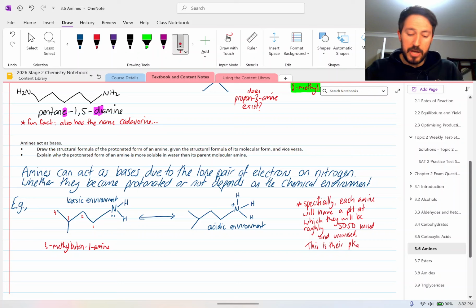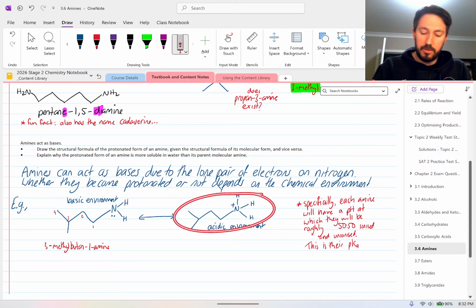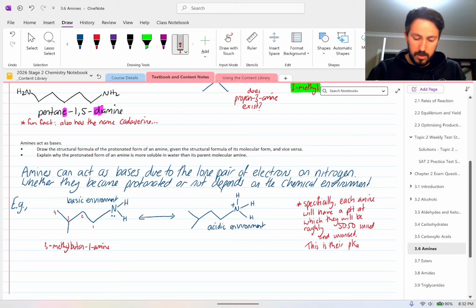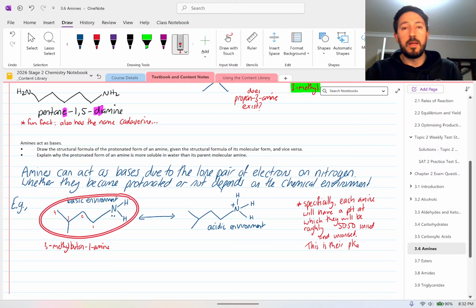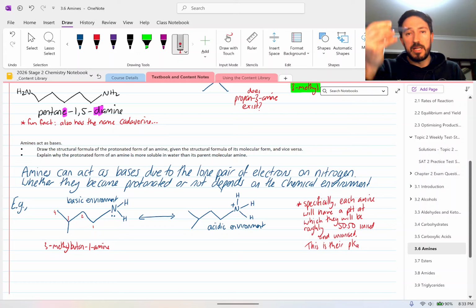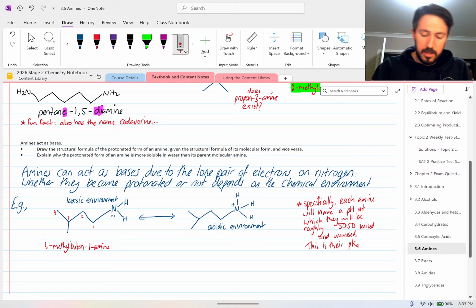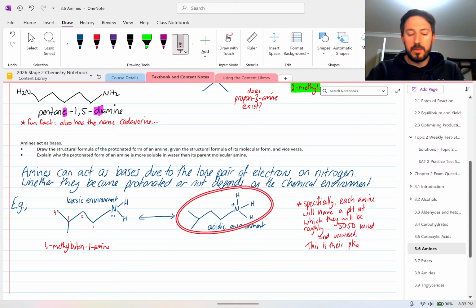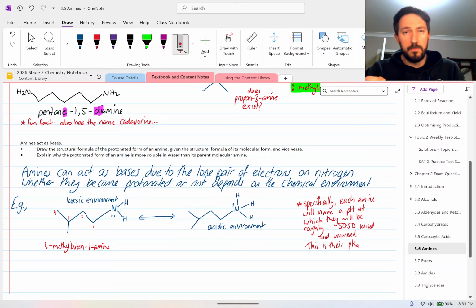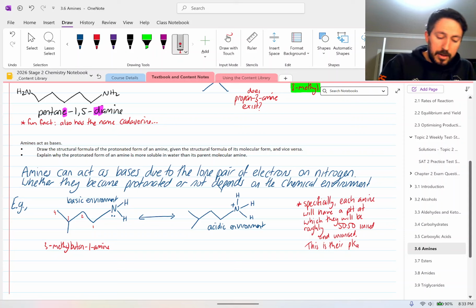If you're in a basic environment, you're going to have a majority of this form here. Whereas if you're at a pH that's lower, so more acidic, then you're going to have the protonated form as being the majority.